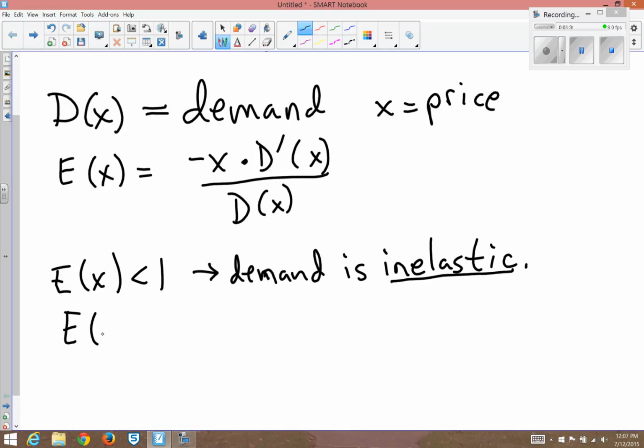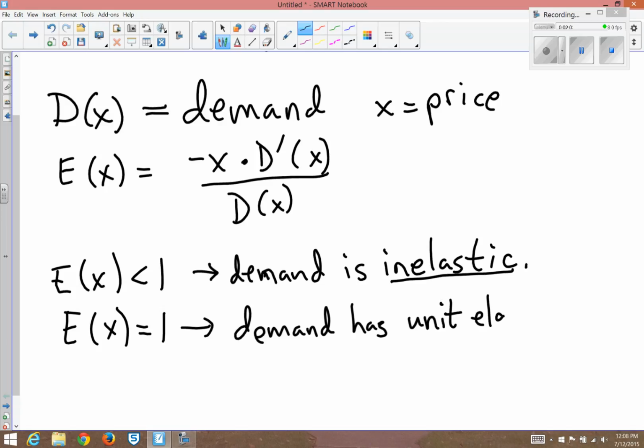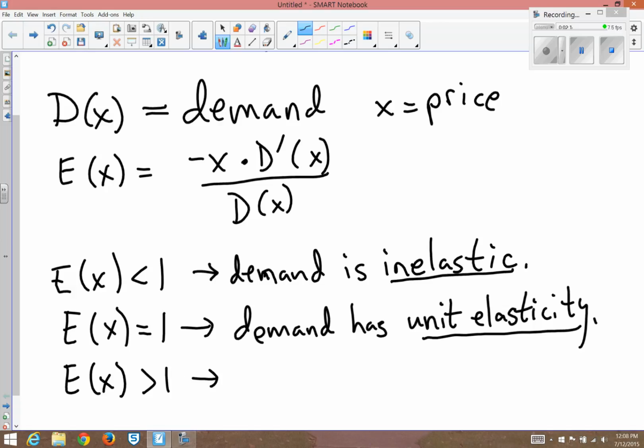When the elasticity of demand is 1 exactly, demand has unit elasticity. And when elasticity of demand is greater than 1, demand is elastic.